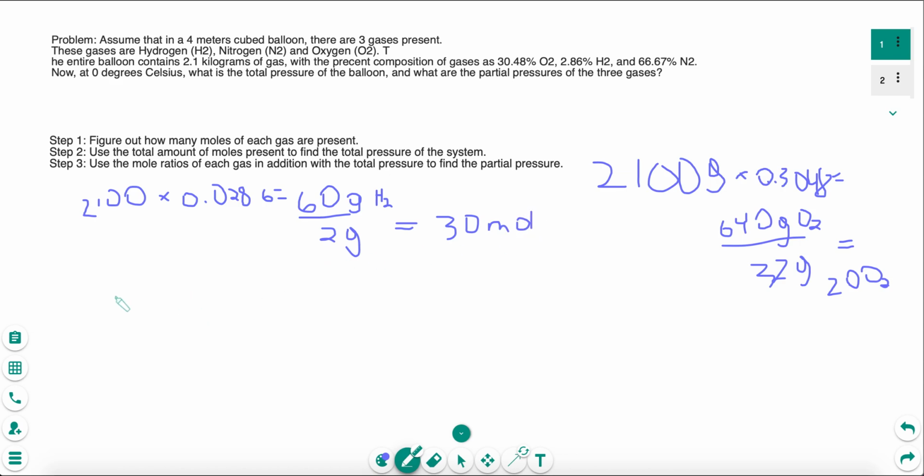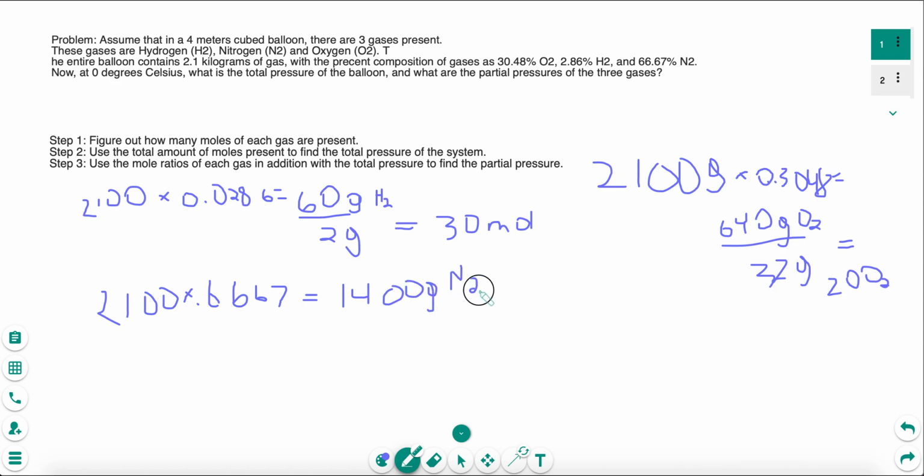Finally, we do this step one more time. So 2100 times the percent of the nitrogen, which is 66.67, so let's multiply that by 0.6667, which gives us 1400 grams of nitrogen.